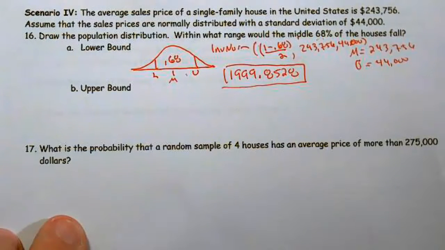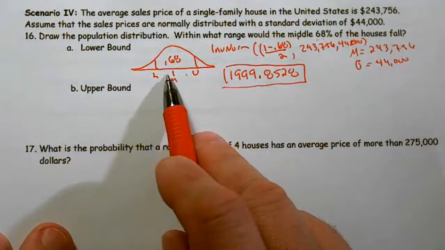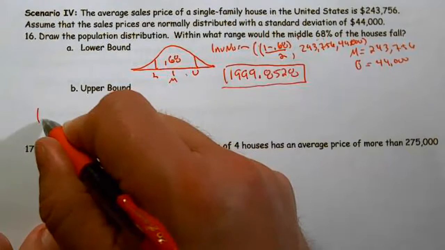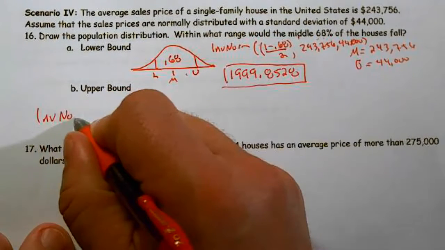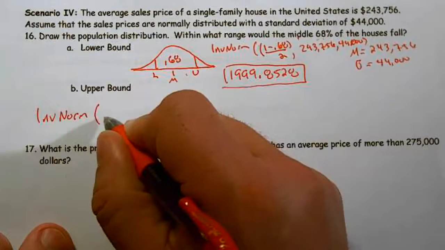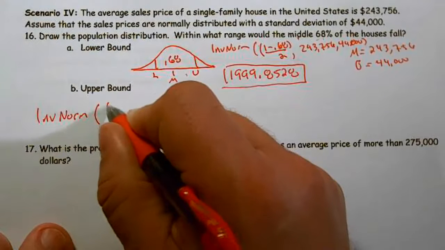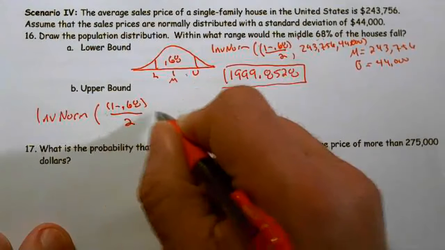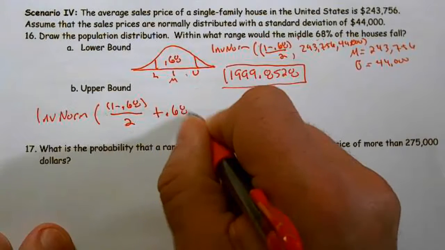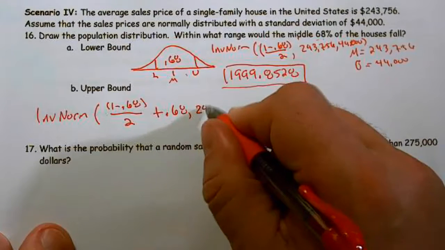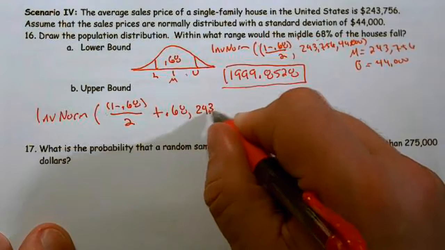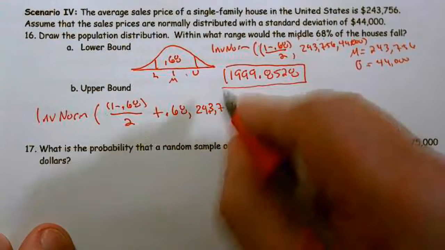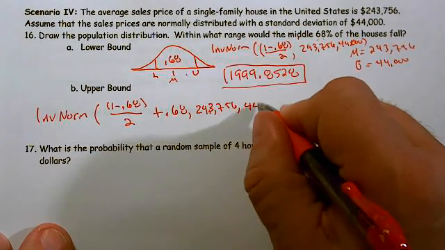All right. The upper bound is going to have the same graph, and we're still going to be working with the inverse norm. However, we need to calculate the upper bound, which is going to be 1 minus 0.68 over 2, plus 0.68, mean of 243,756, standard deviation of 44,000.